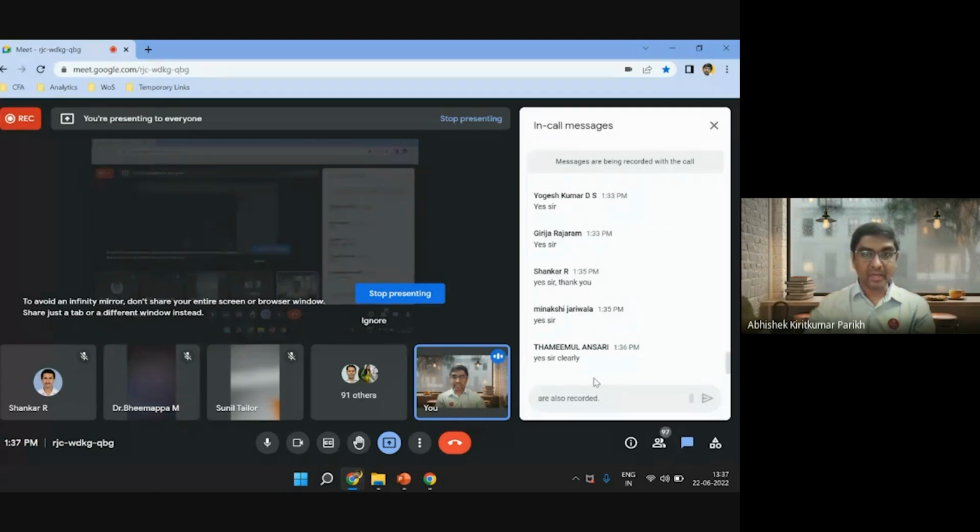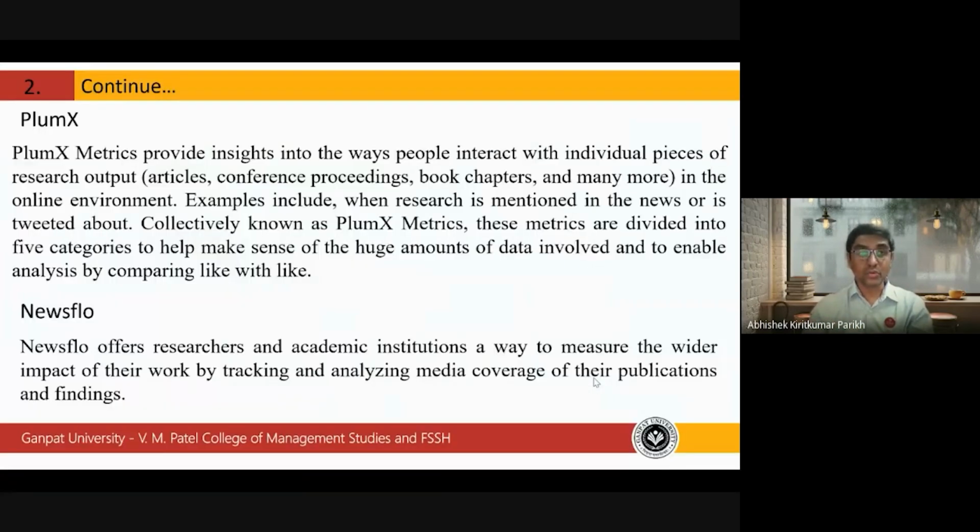Let's say, for example, if I am doing some research in finance which is giving a new dimension to portfolio management, and Rakesh Jhunjhunwala is citing it on a news channel, Professor Parikh or something like that, or writing in his blog or article and citing it, is it going into Scopus? No, the answer is no. Web of Science? No. Does it mean that this influence is not considered? Of course, it should be considered. So that's why Plumx is helping us.